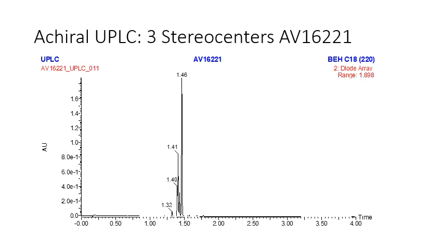Here is an example of a 3 stereocenter separation where across this narrow range we see 4 peaks. Now this is an achiral separation on a gradient UPLC system.